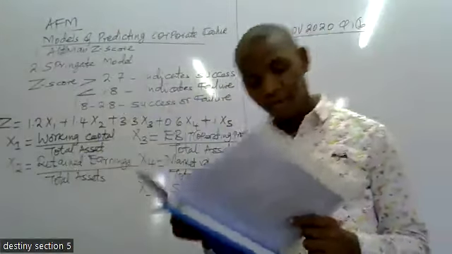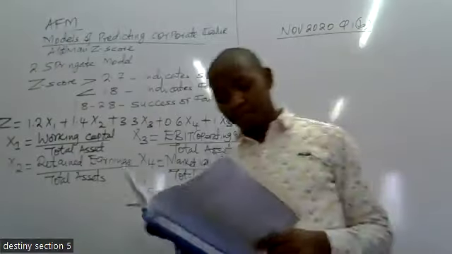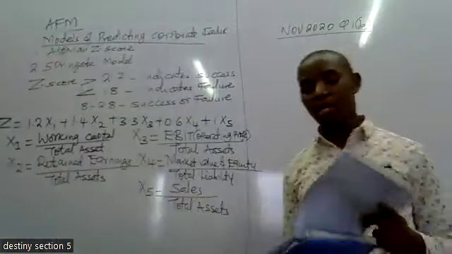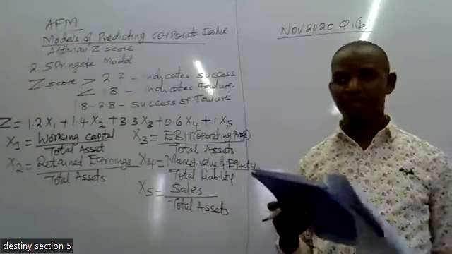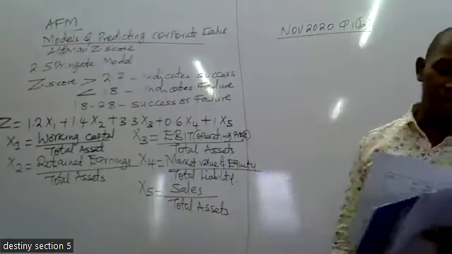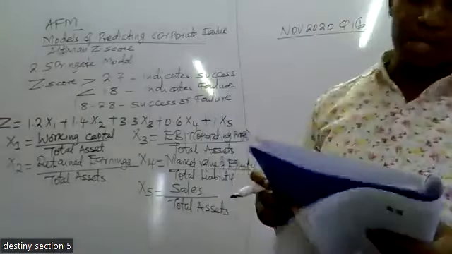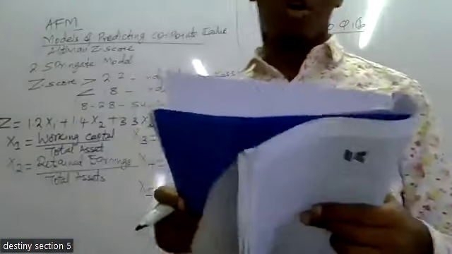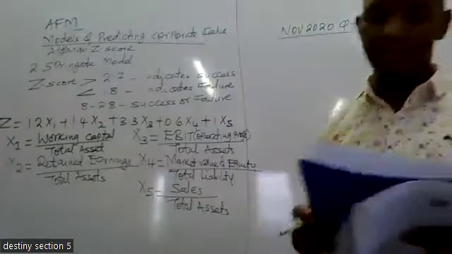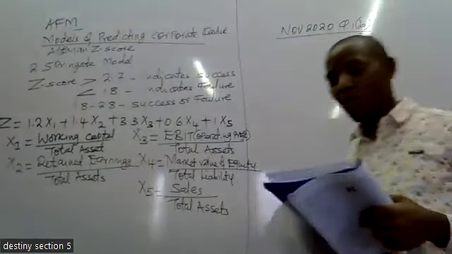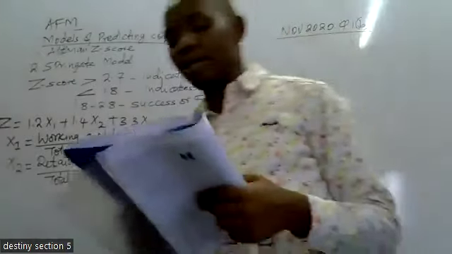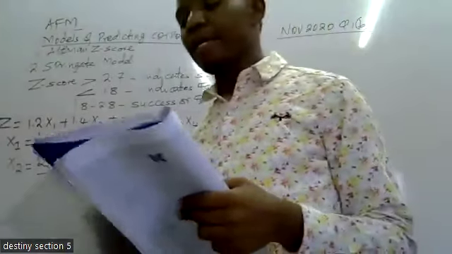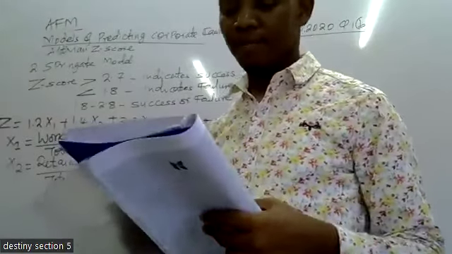Then given below is a summarized financial statement of Alpha, the year ended 31st December 2019. Being given the income statement, we also have the statement of financial position. In addition, we've been given that in this model, a score of 2.7 or more indicates no signs of failure. A score of 1 or less indicates there are signs of failure.